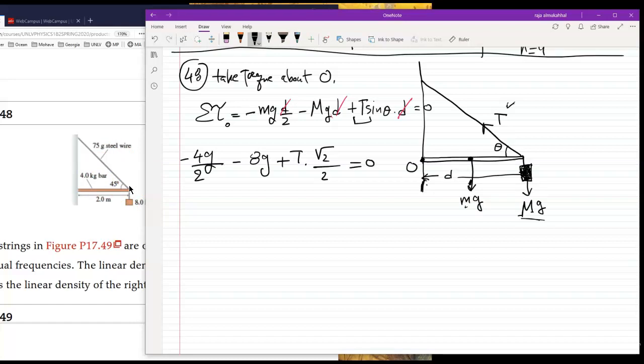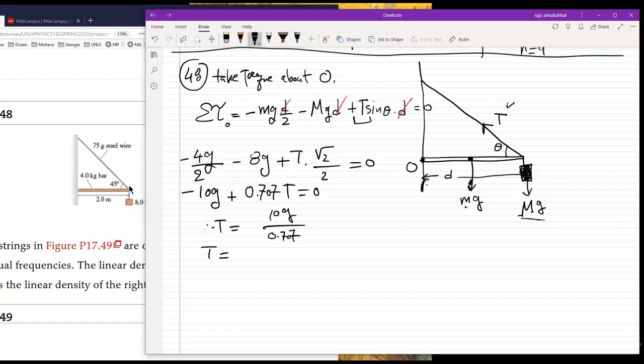I can easily now find the tension T. So this will give me negative 10g plus square root of 2 over 2, which is 0.707, T equals 0. Therefore T is equal to 10g over 0.707.